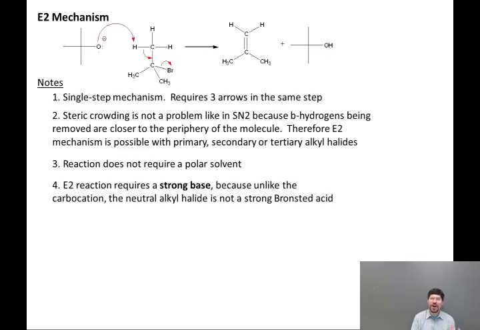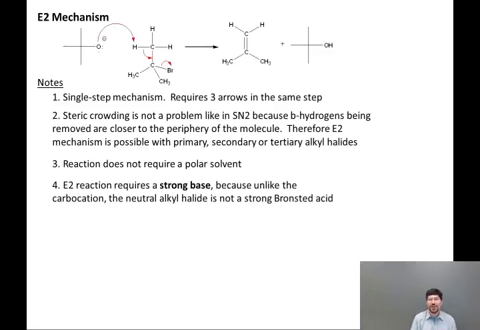Because unlike the carbocation, which was a strong Bronsted acid, the neutral alkyl halide is not a strong Bronsted acid. Tert-butyl bromide, if you put it into solution, is a neutral molecule, not a positively charged or acidic molecule.